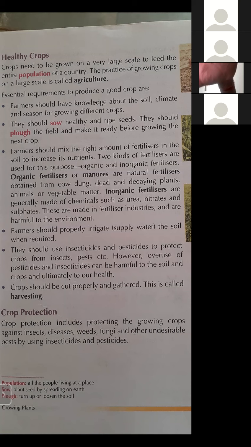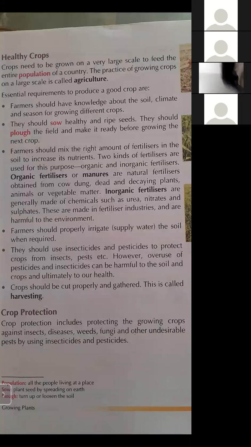So in this topic, we have discussed agriculture. What is agriculture? It means the practice of growing crops on a large scale. And what are organic fertilizers or manure and inorganic fertilizers? Manure or organic fertilizers are natural fertilizers obtained from cow dung, dead and decaying plants, and animal or vegetable waste.